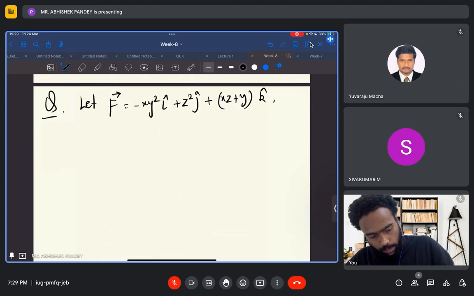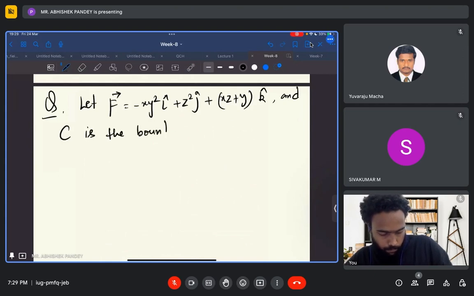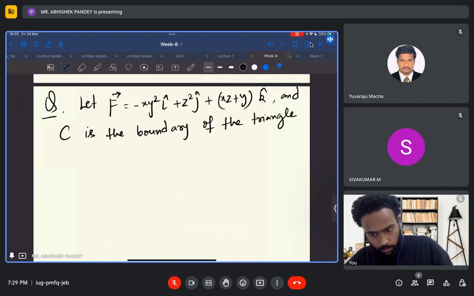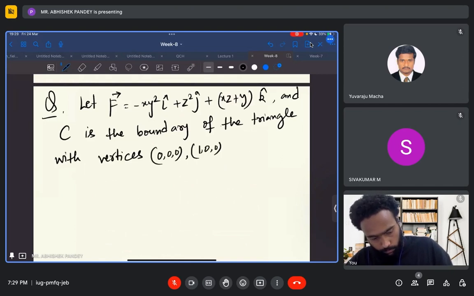Okay, and C is the boundary of the triangle with vertices given, then we need to find the value of this integral.